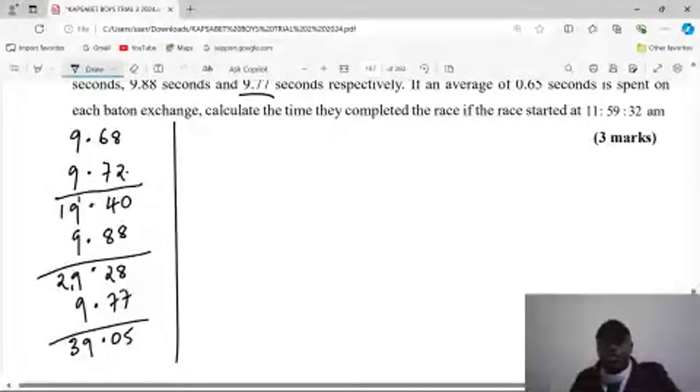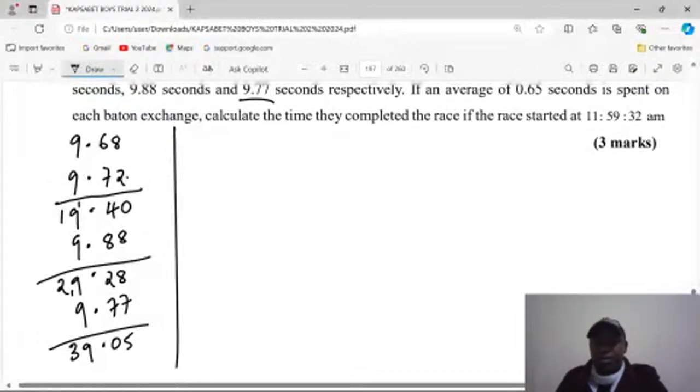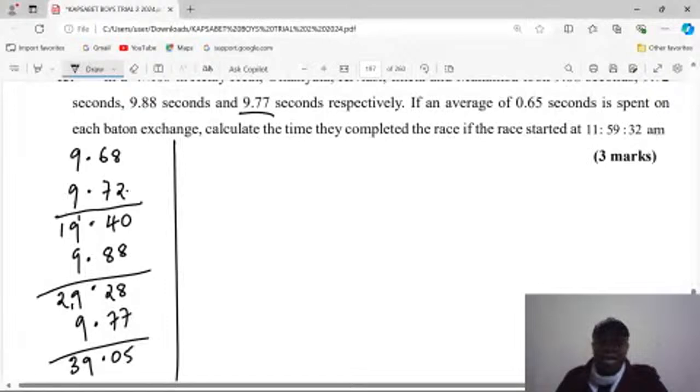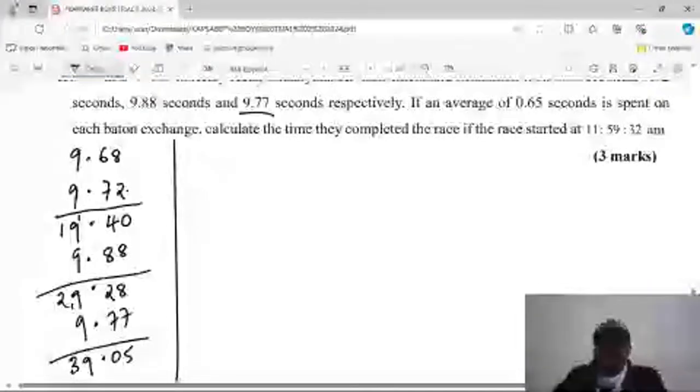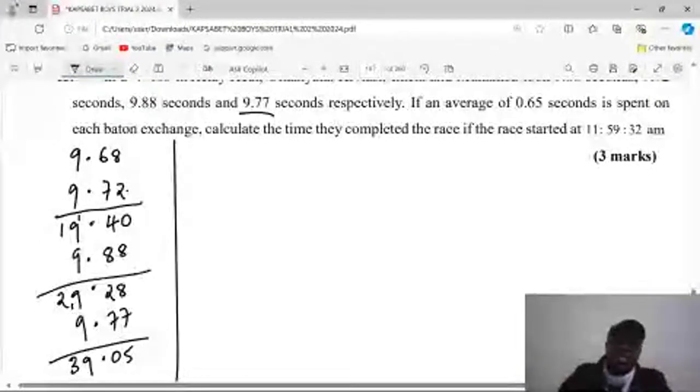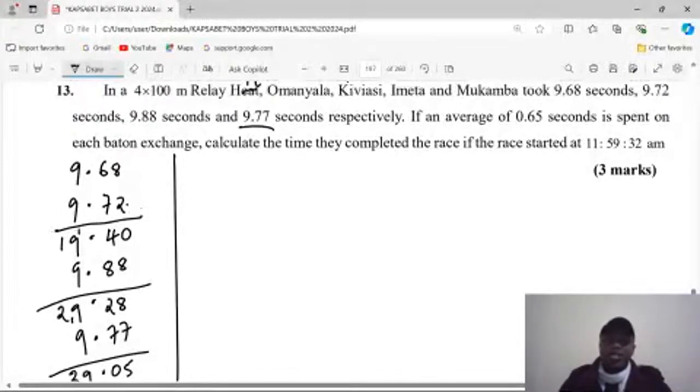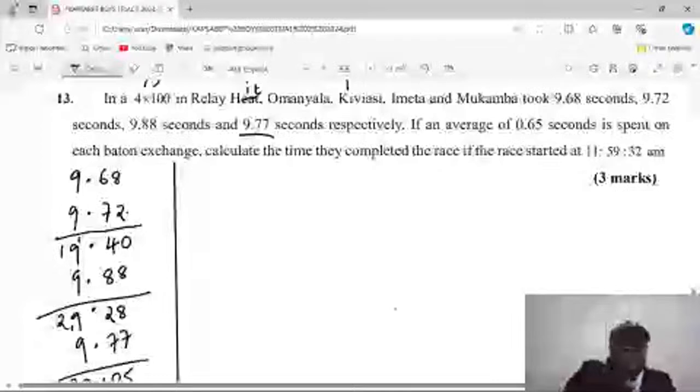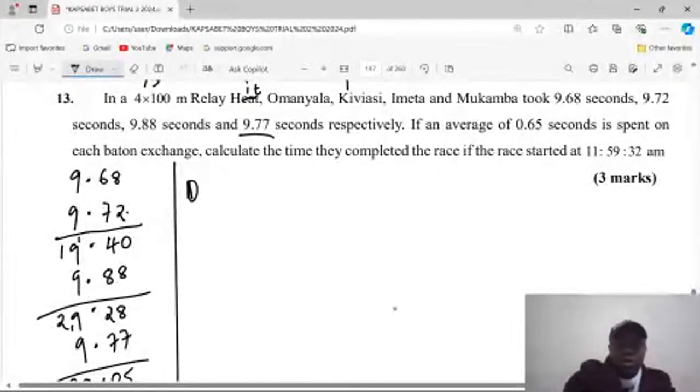Because it's a relay, time was being spent during the exchange of the baton. And during the exchange of the baton, we have 65 centiseconds each. And they are 4, remember. But even if they are 4, you should know that when the first person picks, this is Omanyala, there will be the first exchange here.